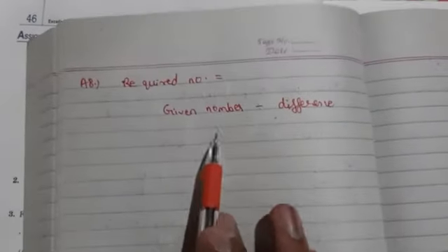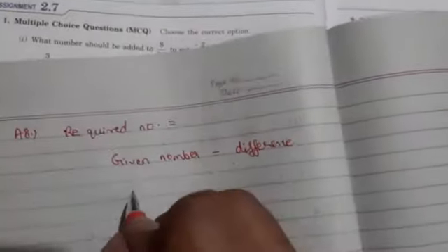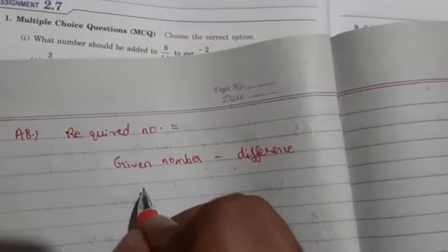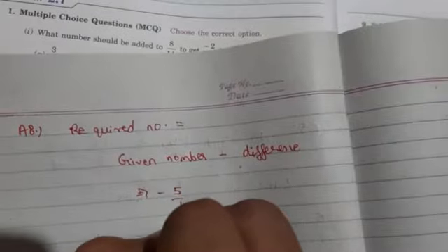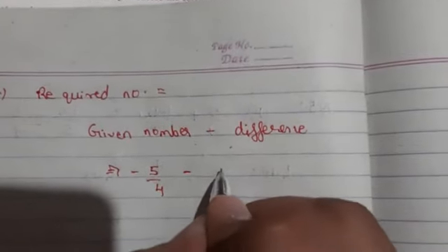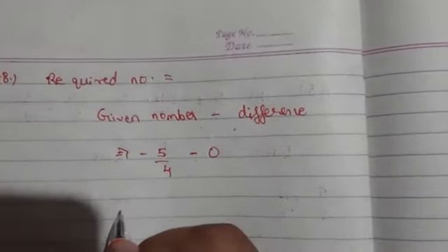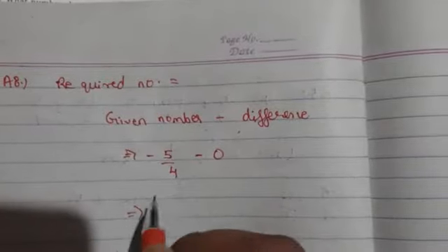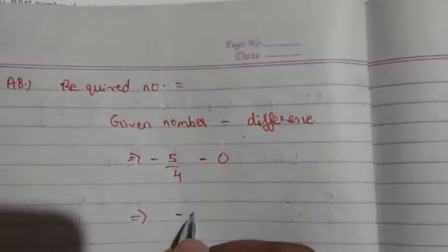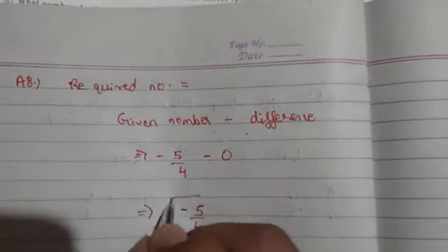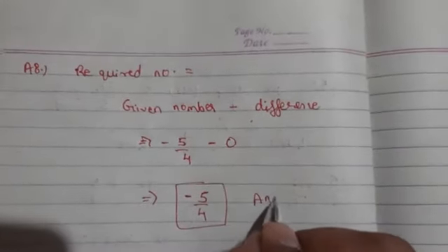The given number is minus 5 upon 4, minus the difference. Now what is the difference? The difference is 0. We know if any number is added or subtracted by 0, we get the number itself. That is, we will get minus 5 upon 4 only. So this is the final answer.